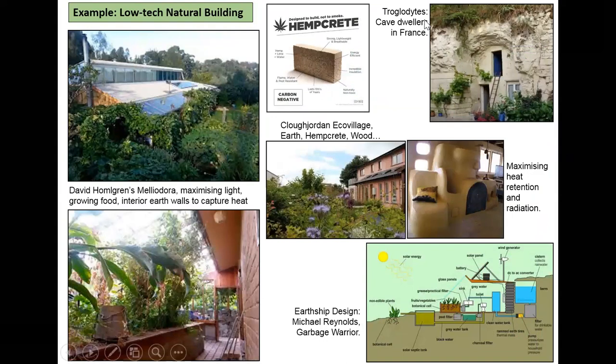And you can see how he's designed it to maximize the passive heating from solar radiation in the winter, and a thermal mass wall inside, and the vegetation that grows in the summer to create shade. The vegetation also cools the air that's used for ventilation. You can see the inside with the thermal mass wall and some of the vegetation on the inside below that.